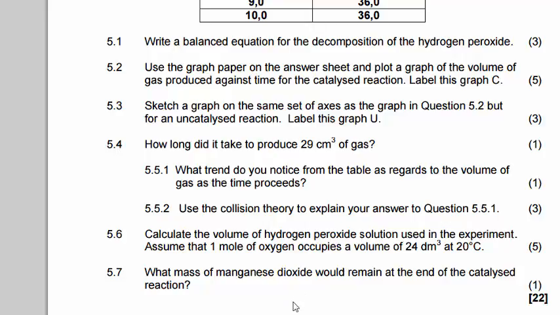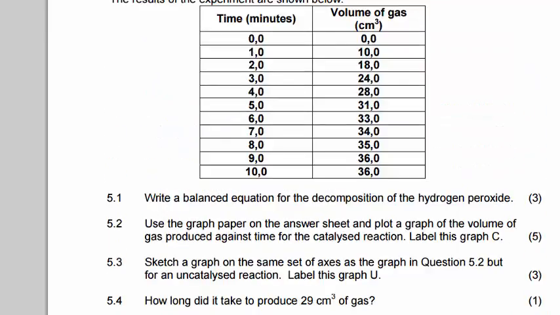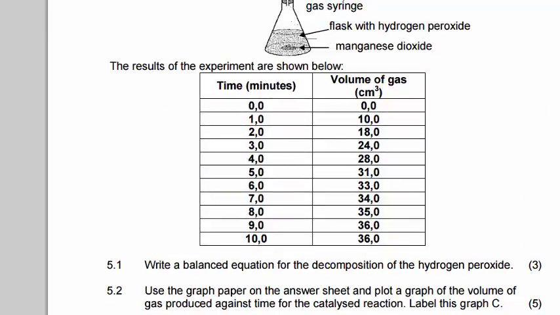What is calculate the volume of hydrogen peroxide used? Okay, so all we know about the end result is what volume of oxygen was produced. Can you see what volume of oxygen was produced in the end? 36.